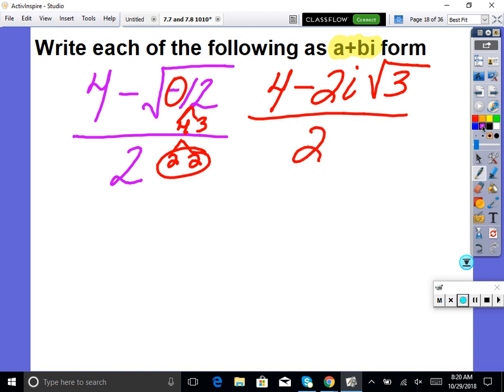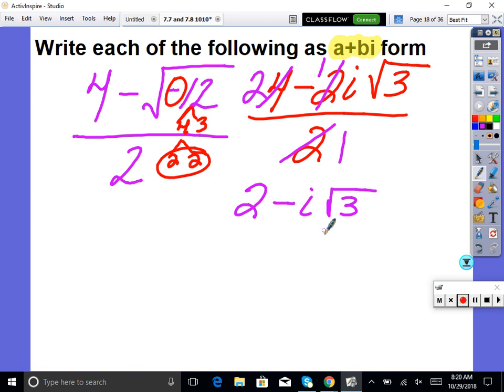Now we have seen in this unit so far, if all three things can divide by something in common, it is appropriate to divide all of them, as long as you're dividing all of them and not just two of them. So you'd say they all divide by 2. This becomes a 1, a 2, and a 1. So our final answer here would have been 2 minus i root 3. Divided by 1 does not need to be written. A plus bi form.